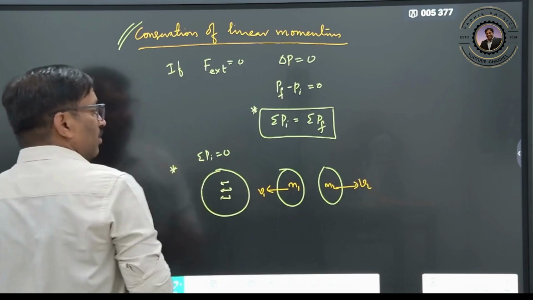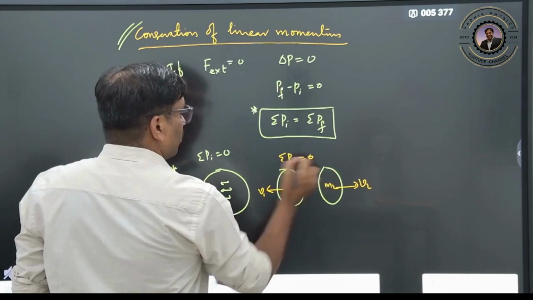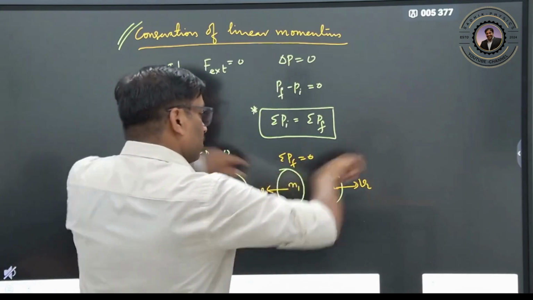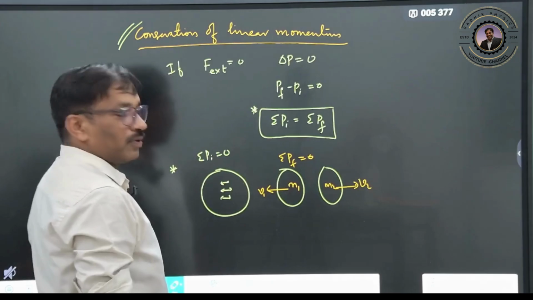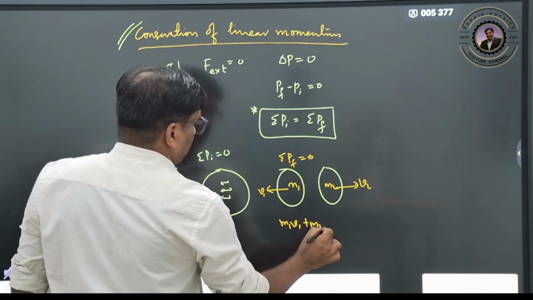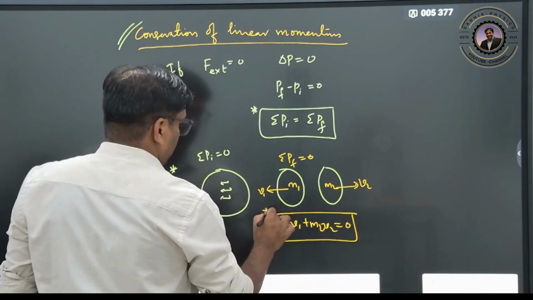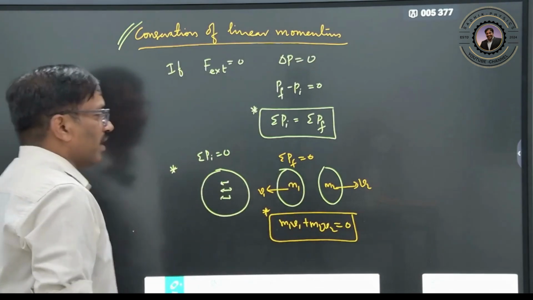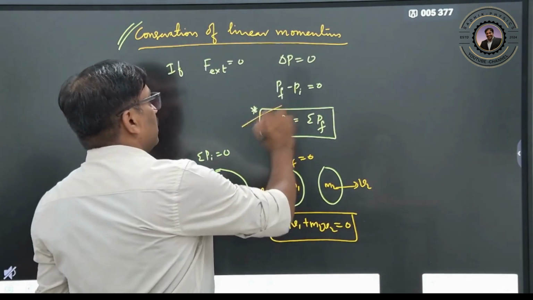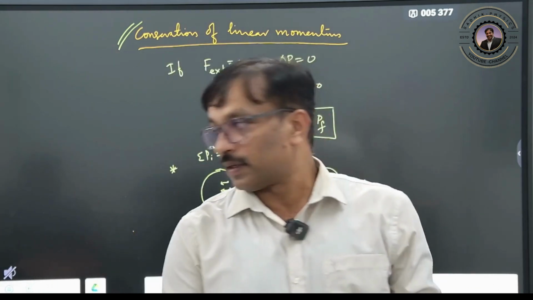Since initial momentum was 0, the final momentum compulsorily should also be 0. That's why these two objects go in opposite directions. That means m1 v1 plus m2 v2 will be equal to 0. Clear? In this way we will always use this concept to solve problems. Clear?